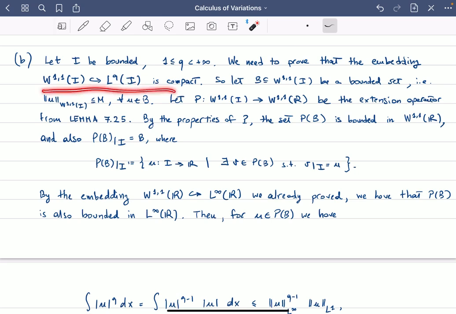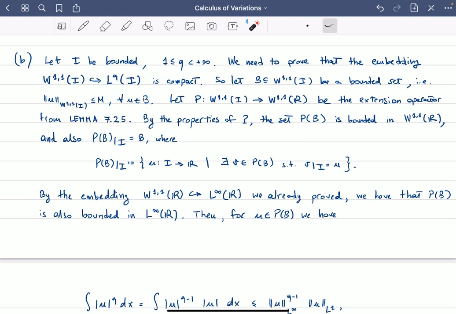So to show that this operator is compact, first of all, by definition, we need to take a subset B of W11 which is bounded in norm. So the norm of u in W11 is less or equal than M for all u in B. This is our assumption on the set B. And then let's take the operator P from W11 of I to W11 of R, which is the extension operator of lemma 7.25.